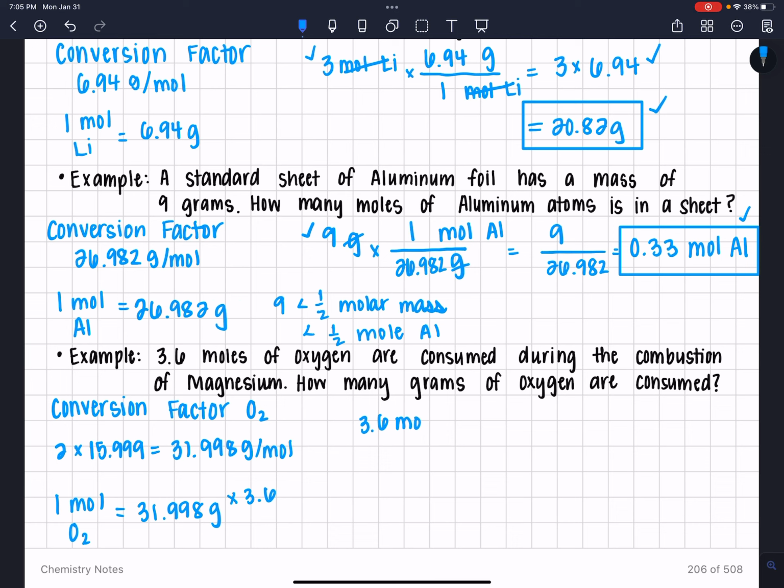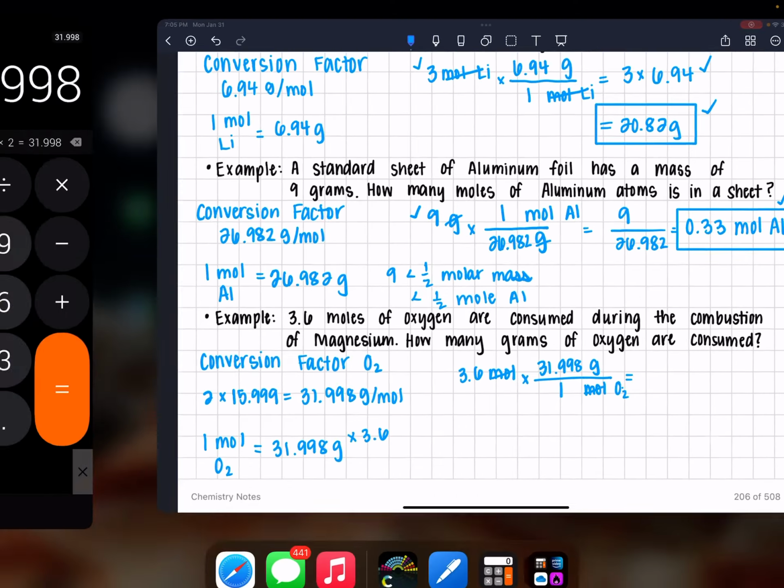So 3.6 moles times a fraction. I need my moles to cancel out, and I'm trying to get to grams. According to my conversion factor, 1 mole of oxygen is equal to 31.998 grams. My moles cancel out, and I'm going to end up doing the same thing, 3.6 times 31.998.